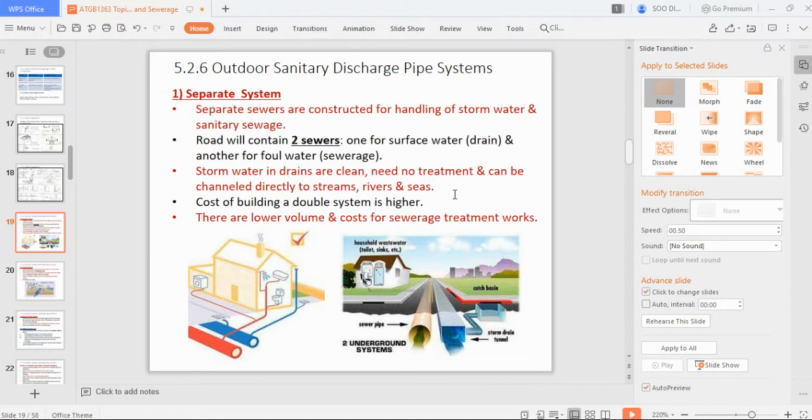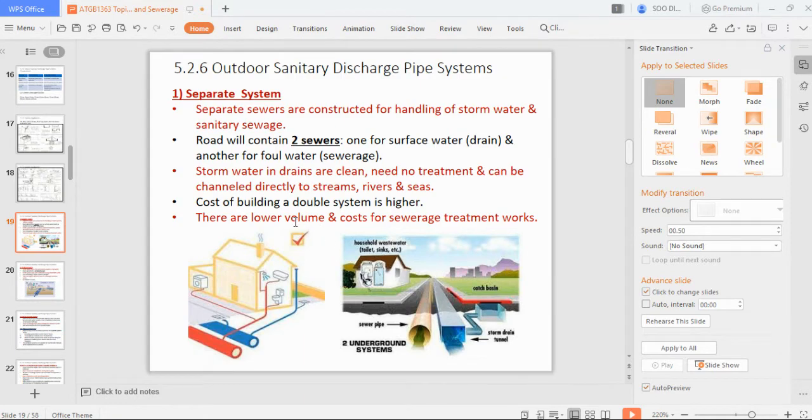So stormwater is clean. We don't have to do any treatment on it, and it can be just discharged out to the river and sea, or even caught by any grass or field area as a catchment area. So the problem with this is that the cost of building a double system is higher, because when you have two pipes instead of one pipe, definitely it will be more expensive.